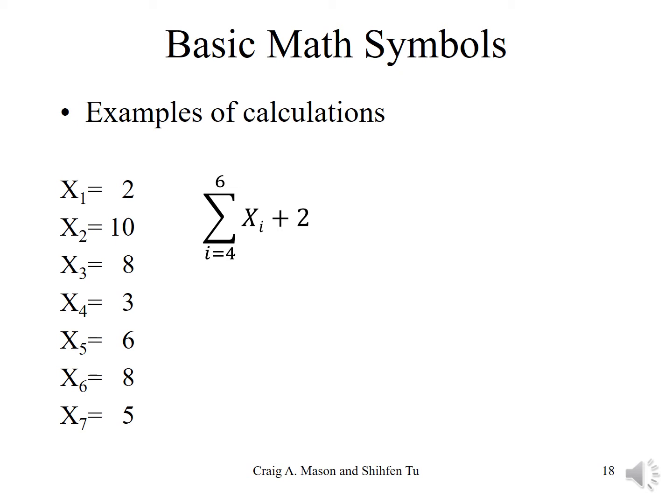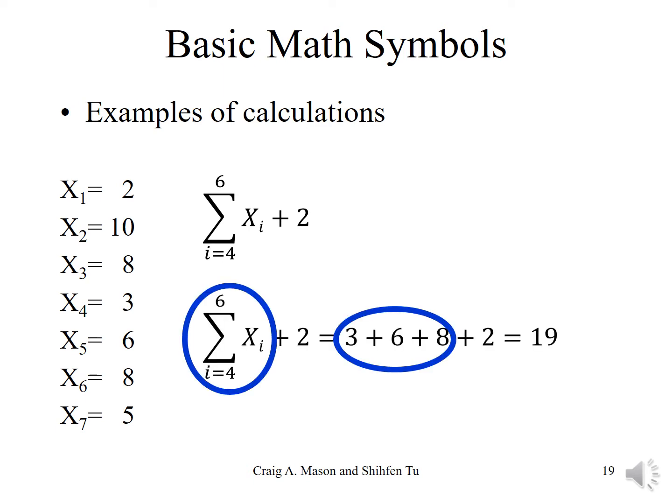In this case, X sub I plus 2 is not nested together in parentheses. The plus 2 is outside of the summation part of the equation. So think back to order of operations, and we will first do all of those summations, and then at the end we add 2 to the value.